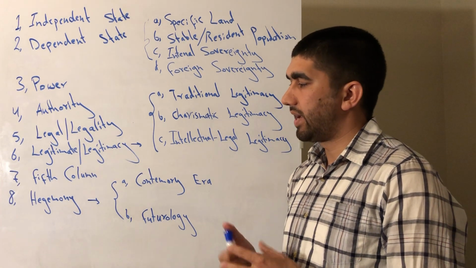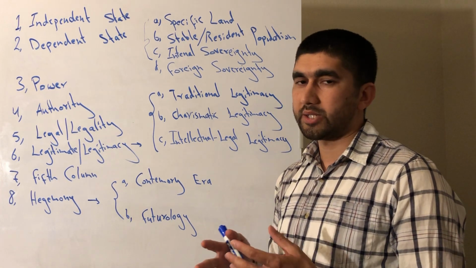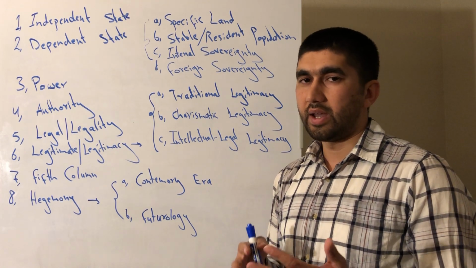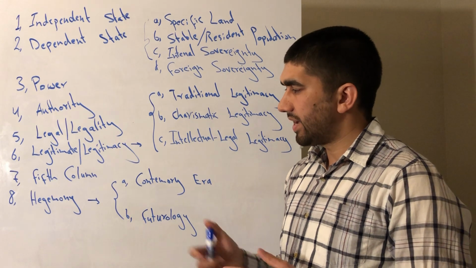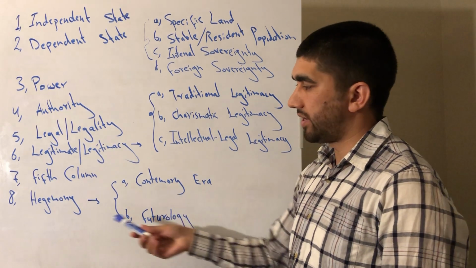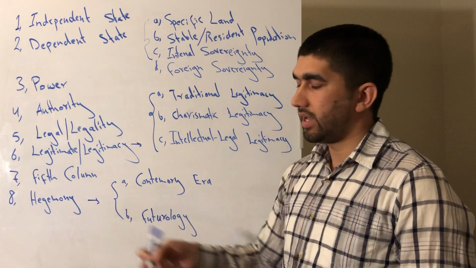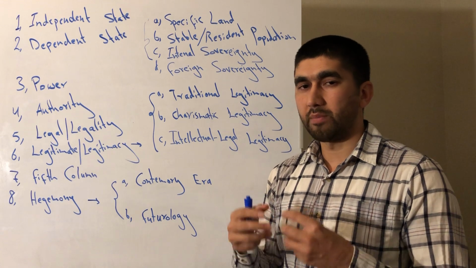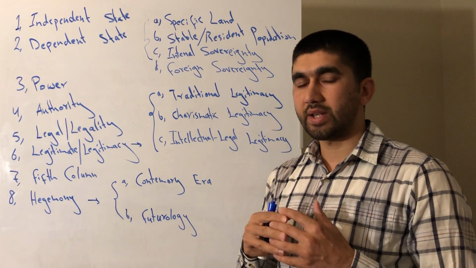So now the word hegemony simply means dominance. It could be cultural, political, or economical. And there's one more point we have to say, that hegemony itself has a portion of satisfaction in it.